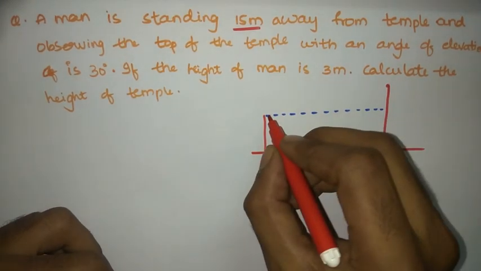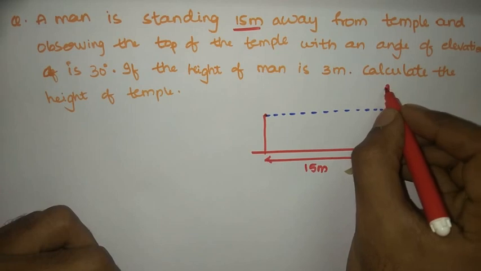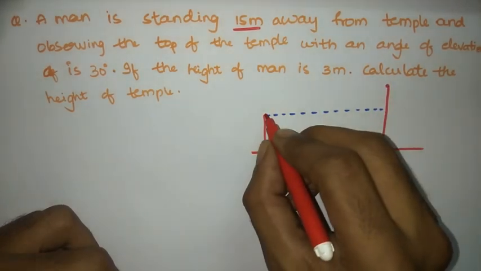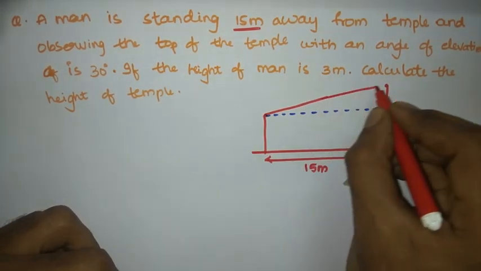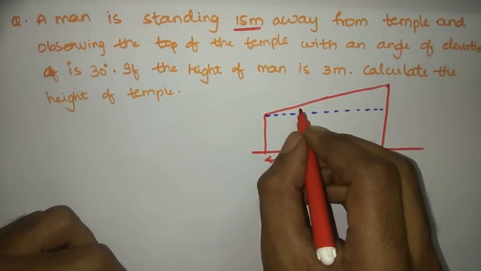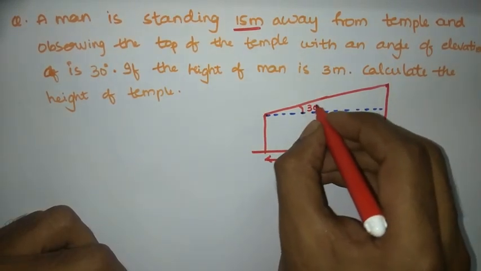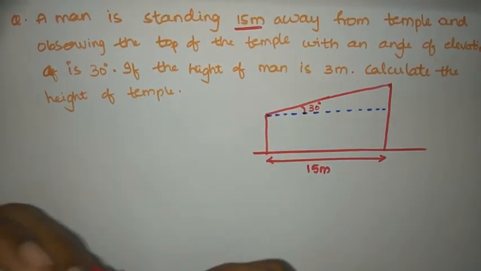The angle of elevation is, if we join the tip of the temple and this point, we get a straight line, and the angle between this line of sight and this line is 30 degrees.